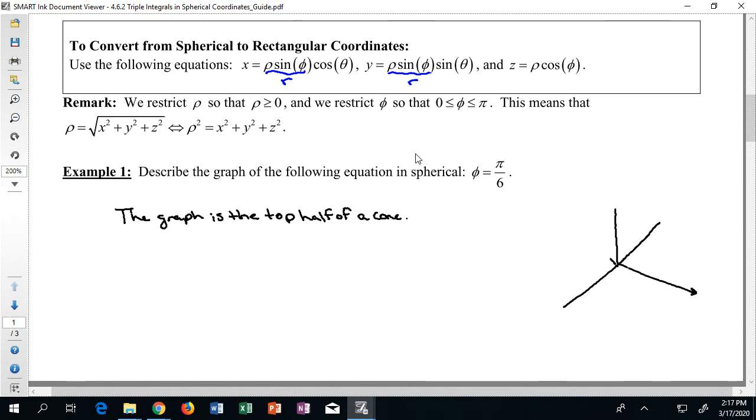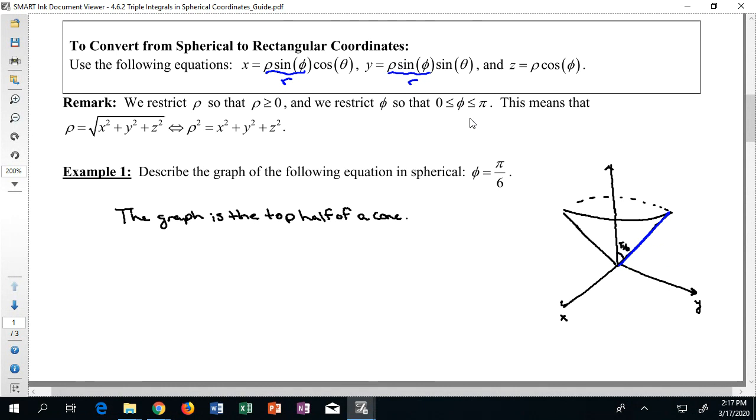It's a cone that stretches out at an angle of pi over 6, and I'll just continue to sketch this out here, right? It doesn't ever stop stretching out. It would keep going up forever, but it's going to look something kind of like this, right? So again, this blue side that I'm drawing here would act as your arm. And so as you spin around, that's the sort of shape that you're tracing out. So this is the top half of a cone.